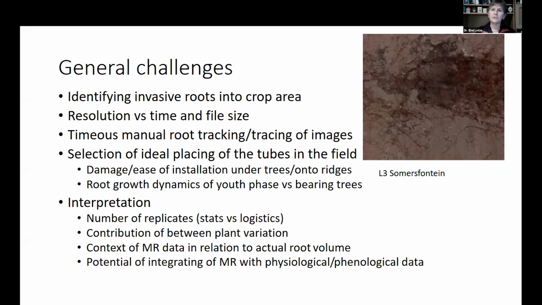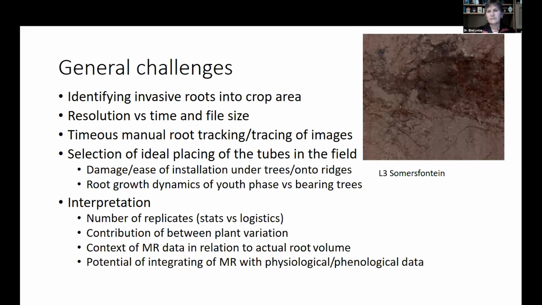So sometimes it's a compromise between protecting the tube, not being damaged, and placing it where you want to find the root reaction, and you must know your crop to know this. And also, people are now increasingly planting on ridges. That makes it a bit more challenging, because the ridge can be anything from about 60 centimeters to a meter, and if it's like 60 centimeters, you really only have like about 10 centimeters to play with.